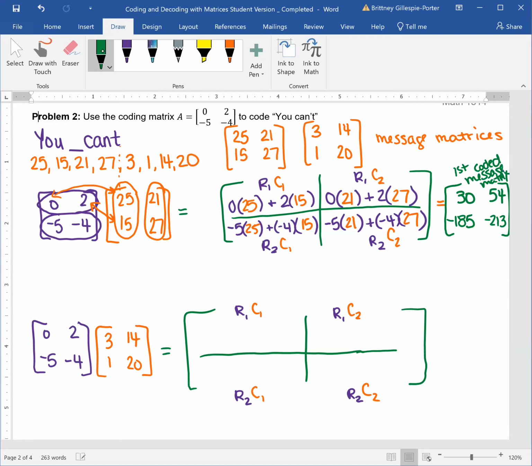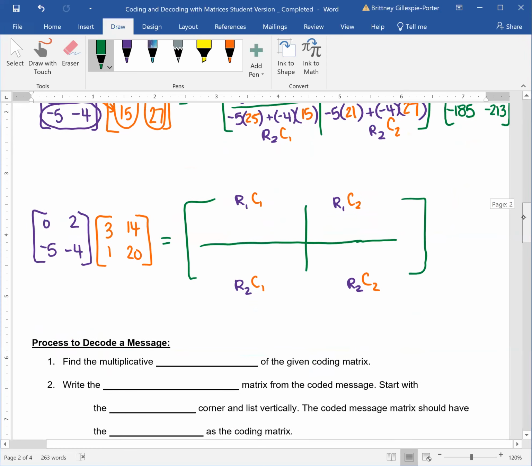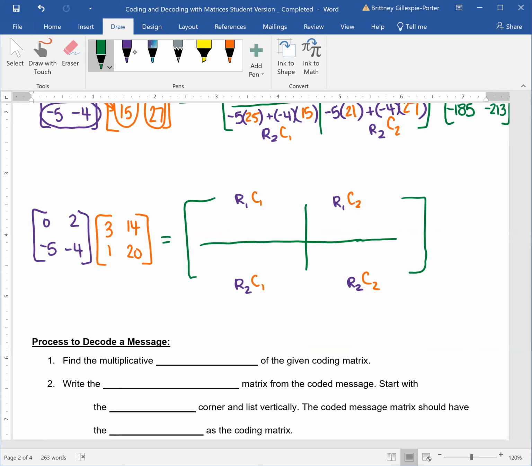Let's find our second one. Need to do more multiplication. Taking row 1 times column 1. So we're going to have 0 times 3 plus 2 times 1, because remember, multiplying the first 2 in each pair together and the second 2 together.